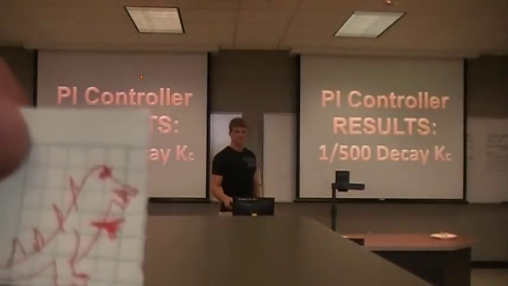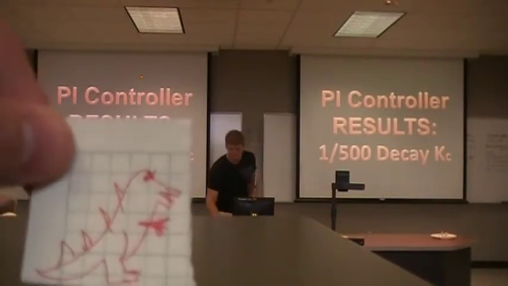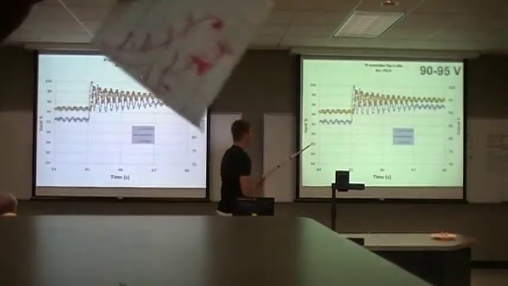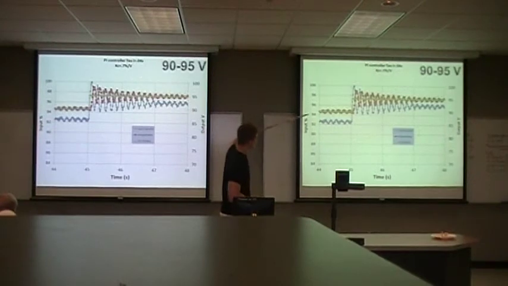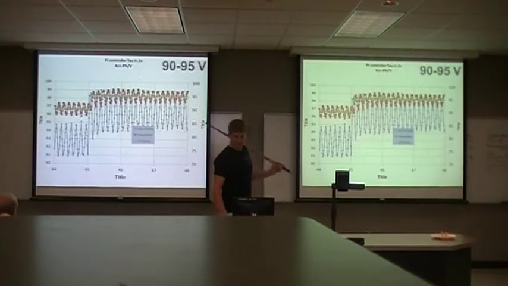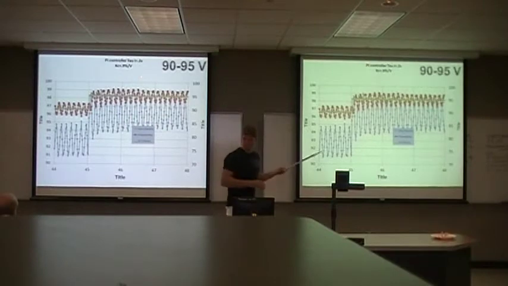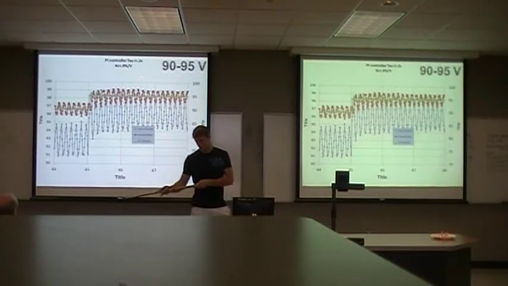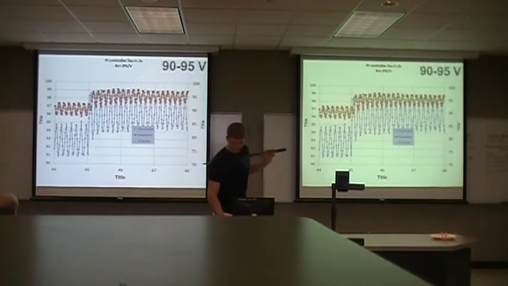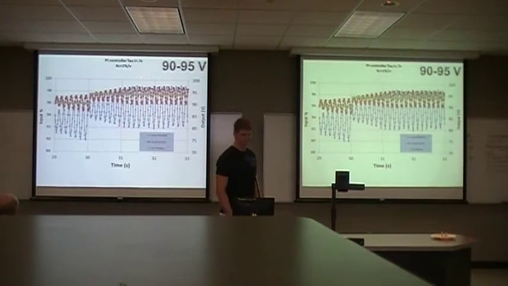Now these are just results using the values of the root locus that we found. So far, so good. Kind of decaying. This probably isn't a 1/4 decay, but it's just a result of what we found using the root locus approximations, and same thing with this.